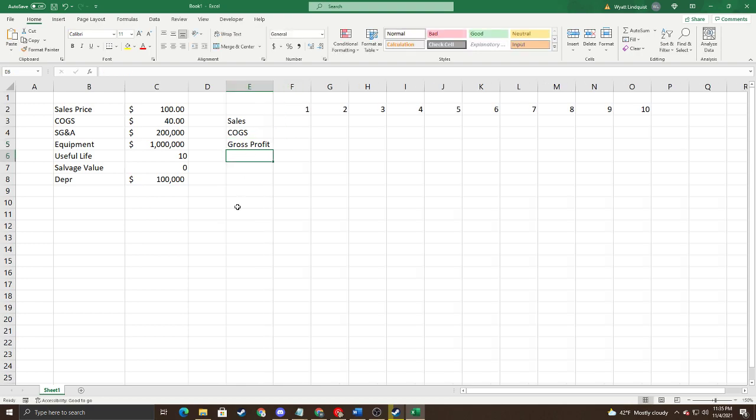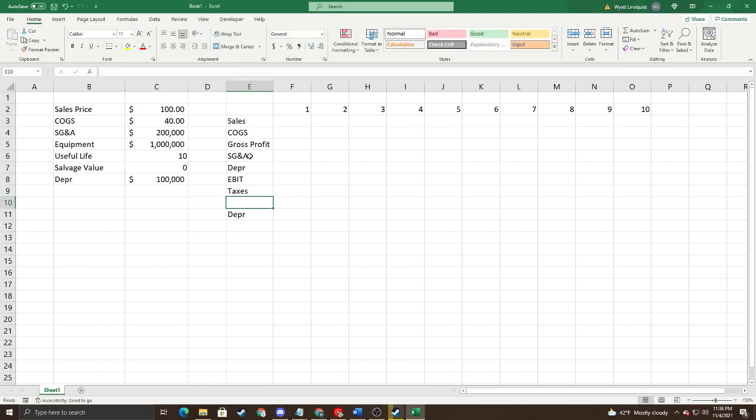All right. Then after our gross profit, we're going to have our SG&A expenses, our depreciation expenses, and I think that's going to be it for this. So this is going to be our EBIT, or earnings before income tax. After our earnings before income tax, we're going to need to add back our depreciation. Oh, hold on, before that, we're going to need to take our taxes.